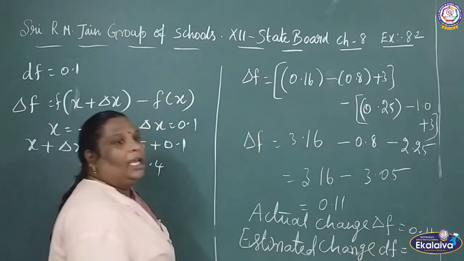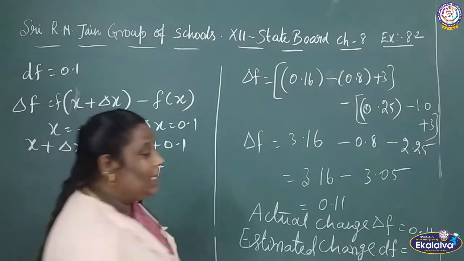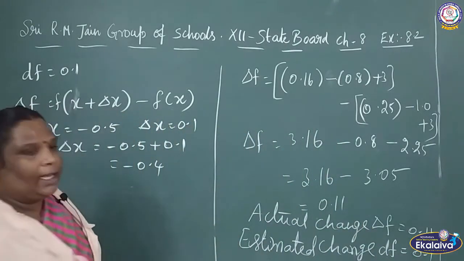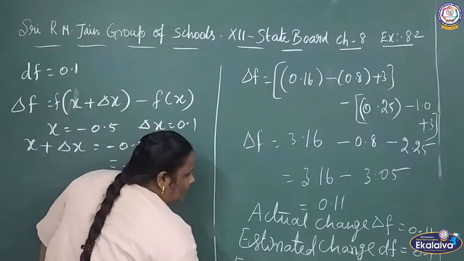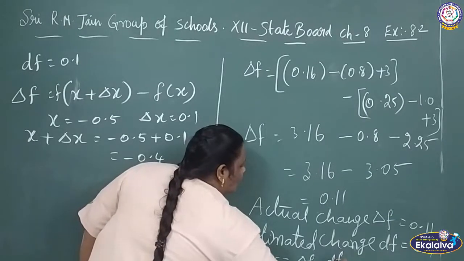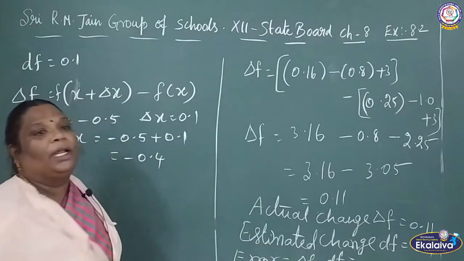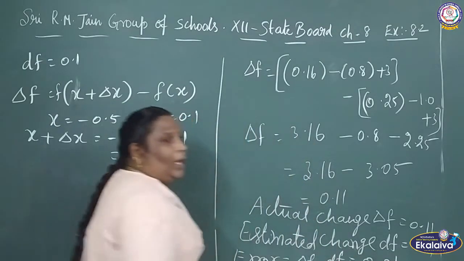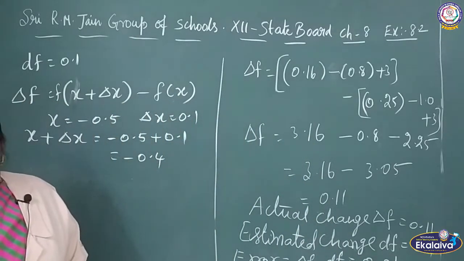Estimated change df equal to, what is the value we are getting? 0.1. So what is the error? Error equal to delta f minus df equal to, when we subtract these two things, what is the answer you are getting? 0.01. Okay.